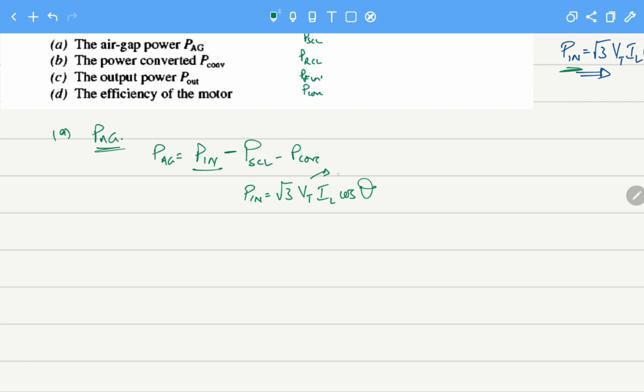Vt is 480 volts, I_L they have given us as 60 amperes, and cos θ they have already calculated for us, which is 0.85. So the input power into the machine is now 42.4 kilowatts.